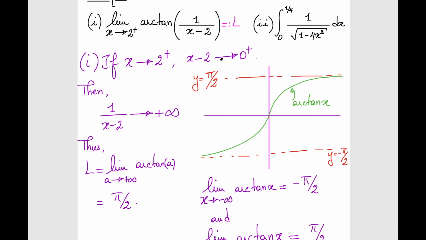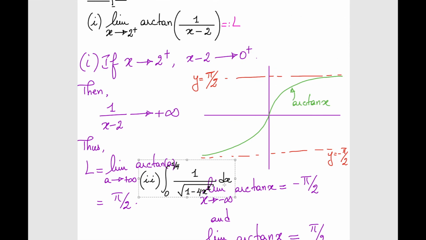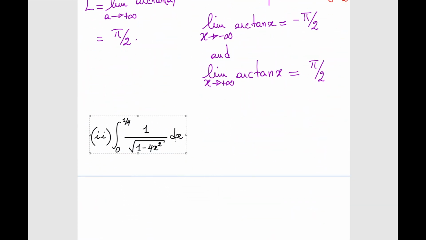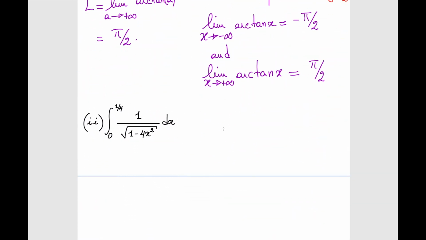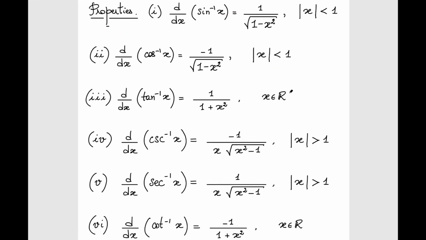Okay. All right. Lastly, part 2, integrate between 0 and 1 over 4 that guy. Let me take this down. Okay, so we want to integrate this piece. And how do we do so? Let me take you to those results. Each differentiation formula has its own corresponding integration formula, right?